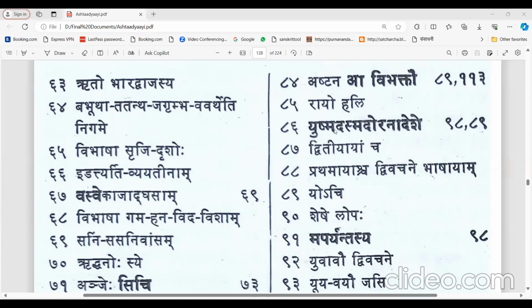To explain the sutra: it says that when a haladi vibhakti pratyaya follows, an akara adesha happens. And in yochi, where ajadi vibhakti pratyaya follows, we have to take it because achi is mentioned there.